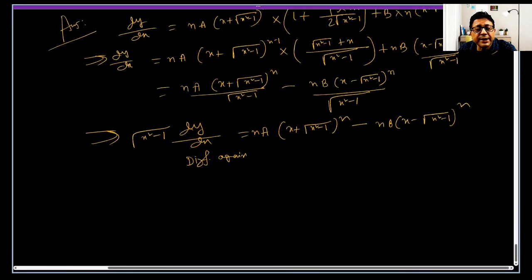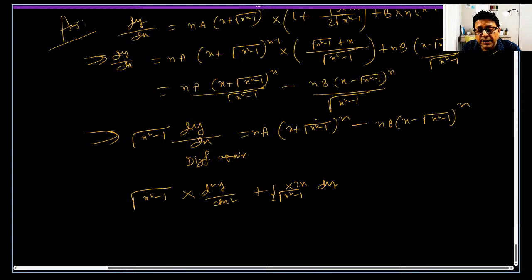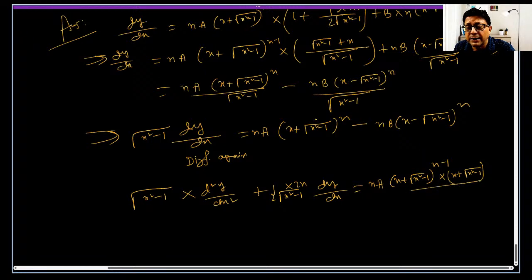So differentiating again, x square minus 1 d square y by dx square plus 1 by 2 root x square minus 1 into 2x into dy by dx equal to, take this one out, na x plus root over x square minus 1 to the power n minus 1, and its derivative, what we did there, x plus root over x square minus 1 by root over x square minus 1.